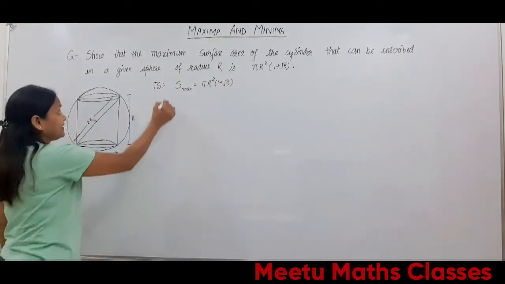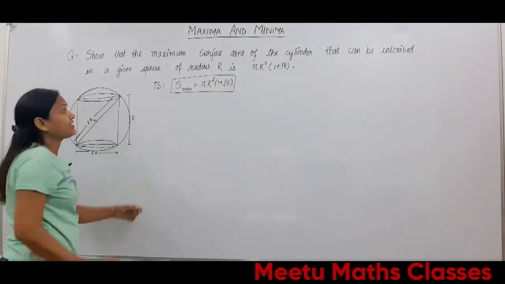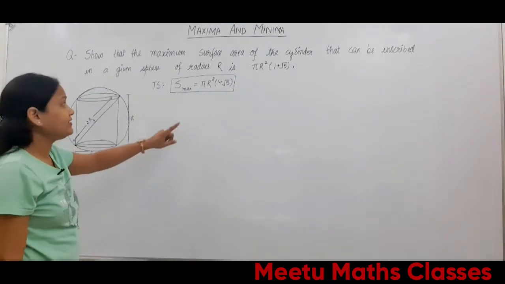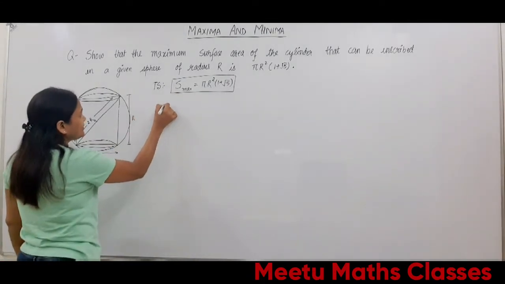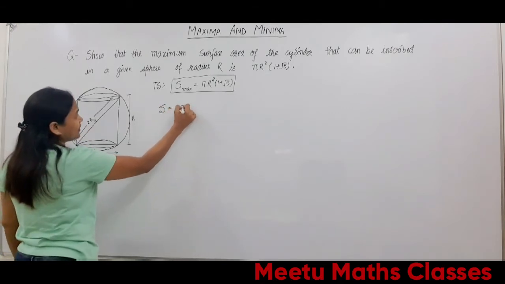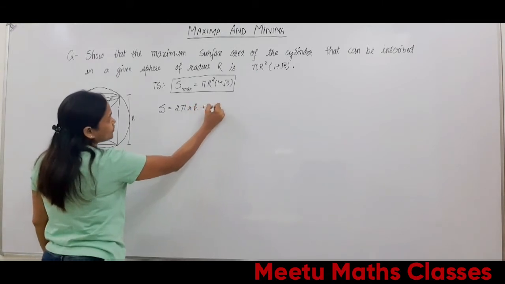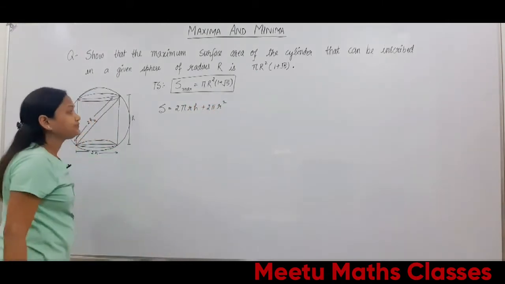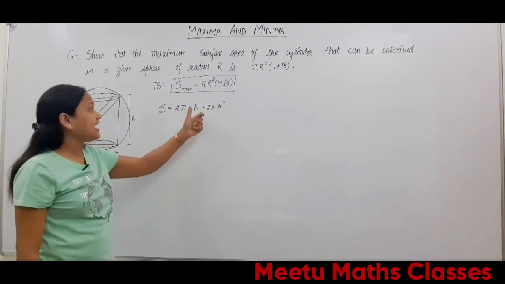अब आप क्या करेंगे? To find out the maximum surface area, you have to maximize the surface area function, and your surface area function is, surface area of a cylinder is 2 pi rh plus 2 pi r square. Now surface area is a function of two variables r and h.